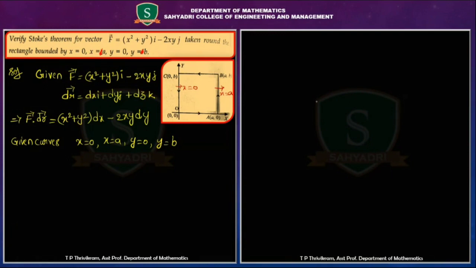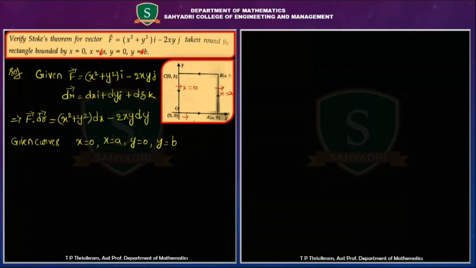Similarly, y equal to 0. How will it be? Y equal to 0 along OA. OA means this is the x-axis, right?